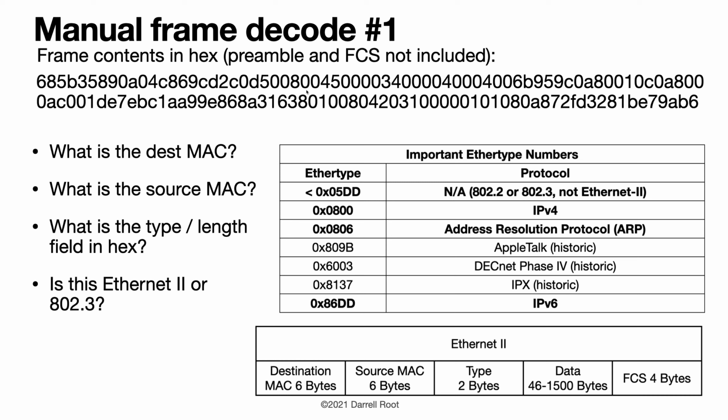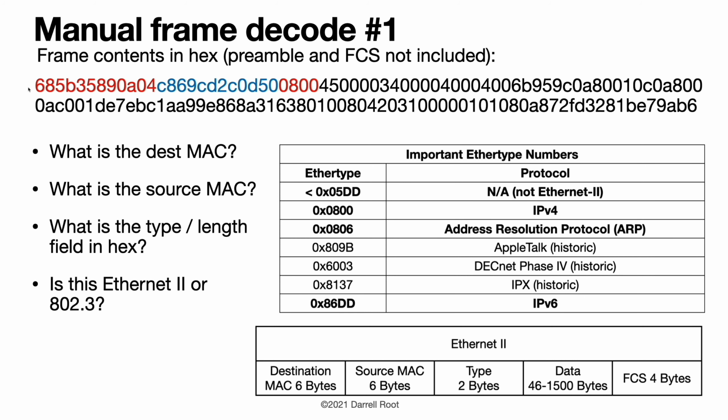And so we read the 0800 off of the ether type numbers, and we can see that 0800 means IP version 4. So this is an Ethernet 2 frame. We know our destination MAC, we know our source MAC, and we know it includes IP version 4 information in it, and we know the IP version 4 information starts right here.